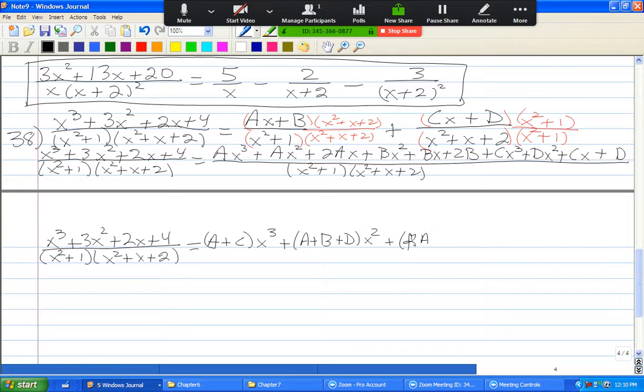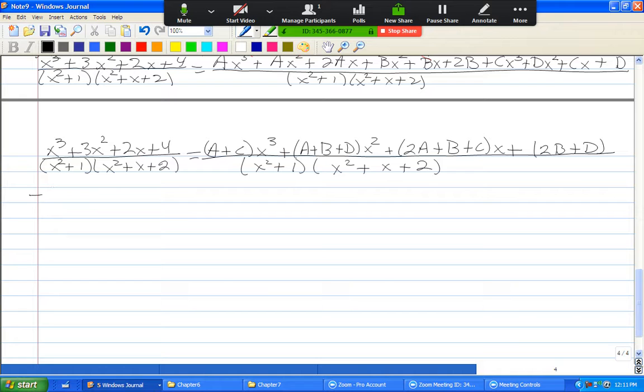So 2A plus B plus C x. Let me check. That's 2A plus B plus C. Okay, and then plus lastly 2B plus D, over x squared plus 1, x squared plus x plus 2.